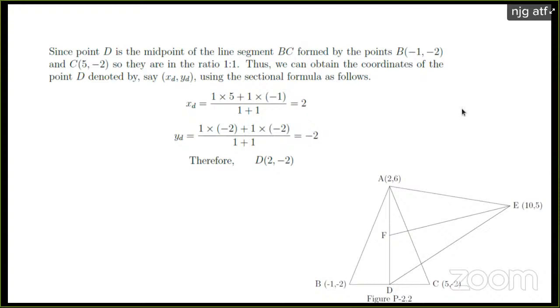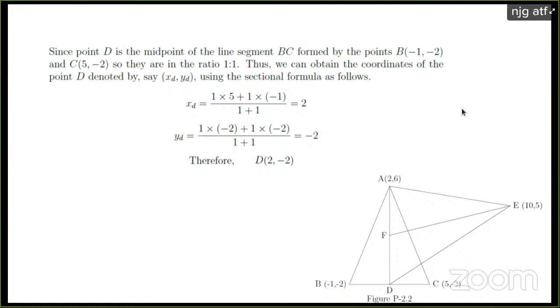Why 3? The x coordinate of B is -1 and the x coordinate of C is 5. So the total distance between the two is 6 units, sir. Yes, right. And its midpoint should be 3, right? No, if you see, this starts from -1. It doesn't start from origin.